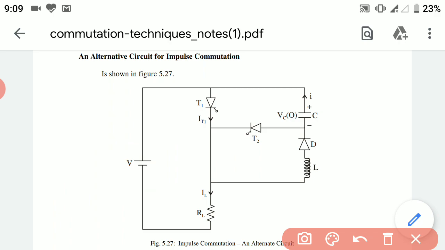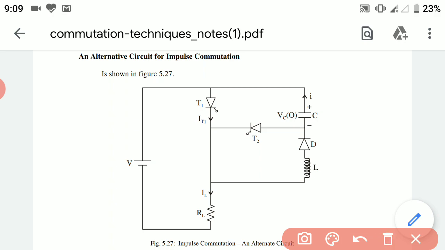Now we will see the working of this circuit diagram. Initially the thyristor T1 is turned on and the capacitor C is charged, having upper plate positive polarity and lower plate negative polarity.